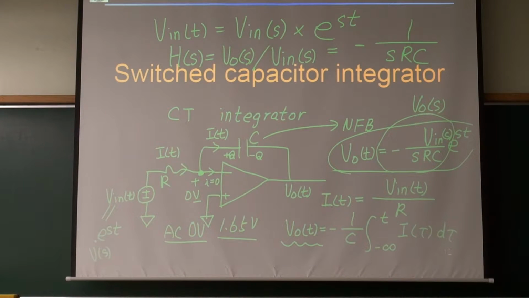So in this continuous time, say if I change that one to a sinusoid, if my V in T is some V in J omega exponential J omega T, in this case my S is changed to J omega, just steady sinusoid, right?